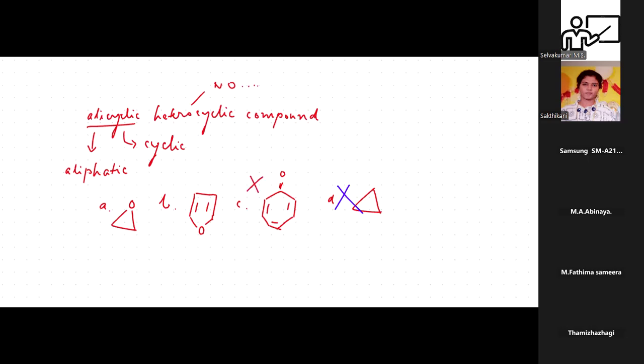And third, this is also aromatic because delocalization can take place by the involvement of the lone pairs on the oxygen, and it is also heterocyclic. But this is the correct answer because it is aliphatic and heterocyclic.